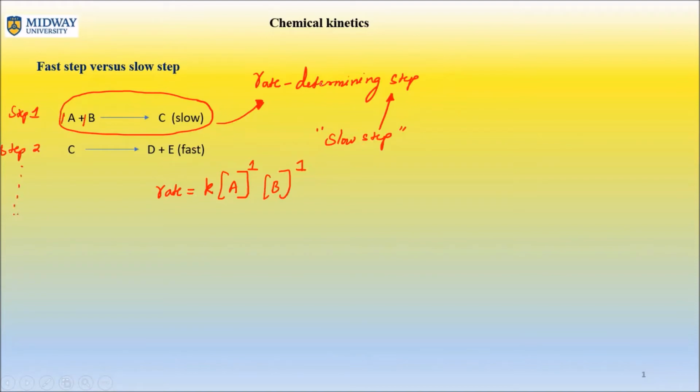Usually the slow step is the rate determining step, and it's very easy to write the rate law expression, which would look like rate equals rate constant times A to the power 1, B to the power 1. This is the only time you're allowed, basically when it is the elementary reaction. So that's why you are expected to use the numbers in front as exponents.